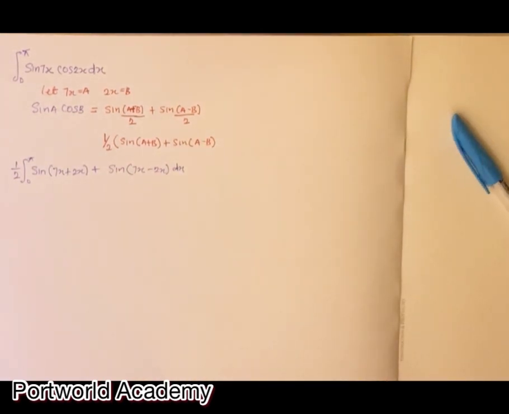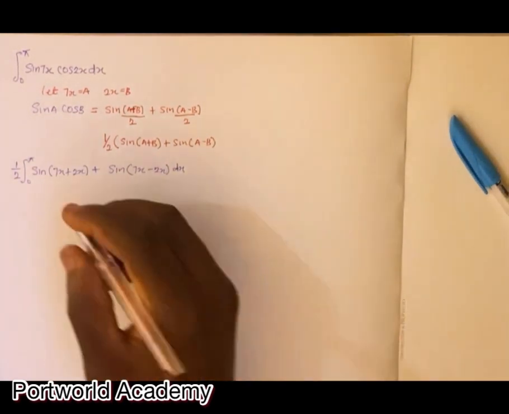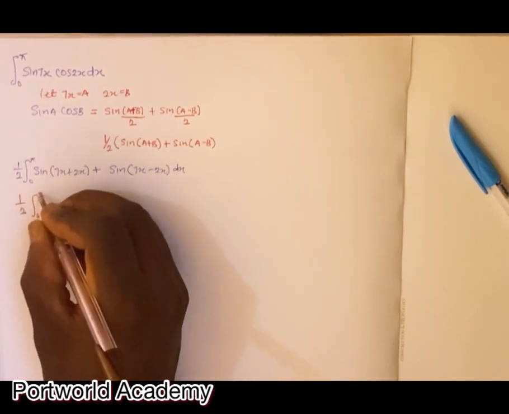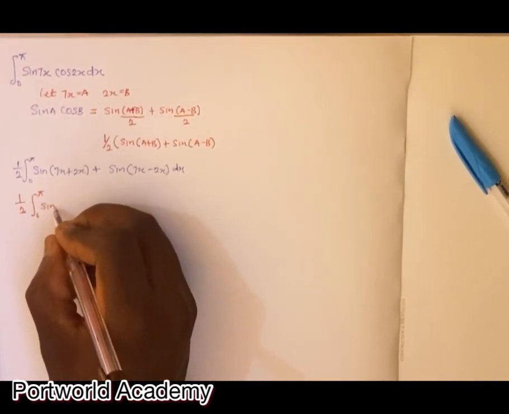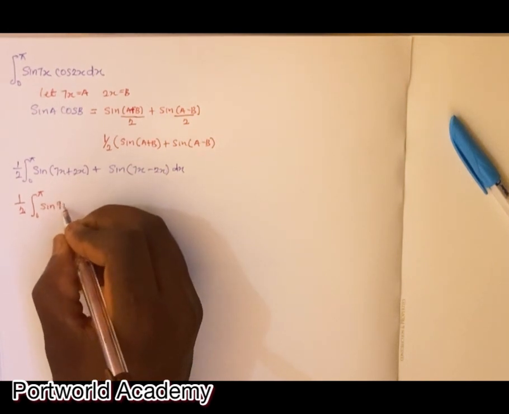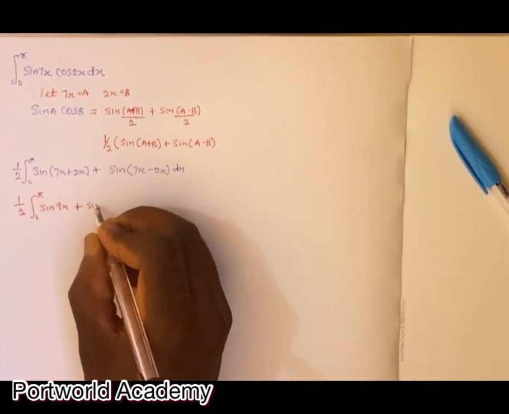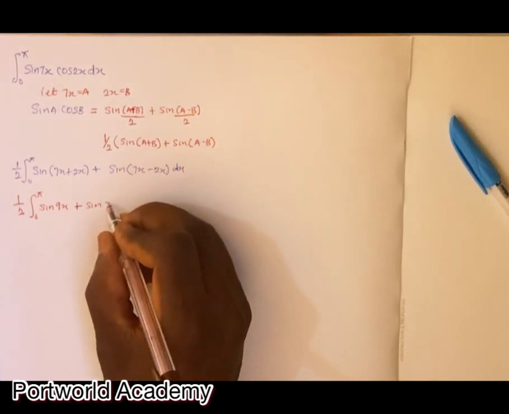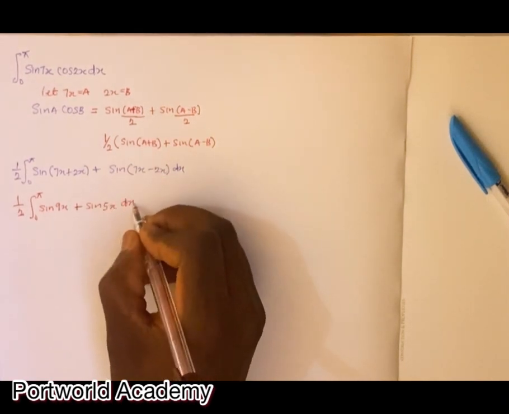I'm going to simplify first before I separate. So I have the integral from 0 to pi of sine 7 plus 2, which is 9x, then plus sine of 7x minus 2x, which should give me 5x, dx, right?